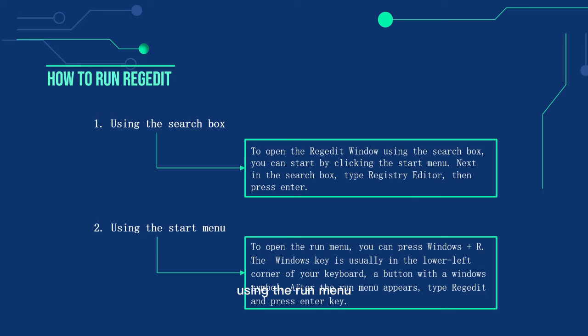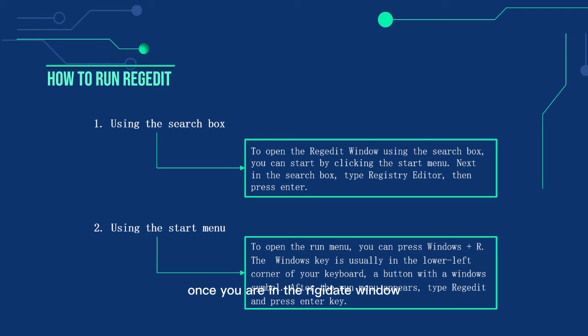Using the Run menu, you can press Windows plus R. The Windows key is usually in the lower left corner of your keyboard, a button with a Windows symbol. After the Run menu appears, type Regedit and then press the Enter key.